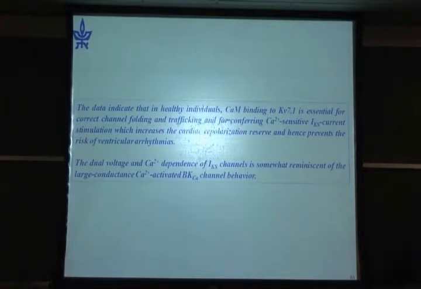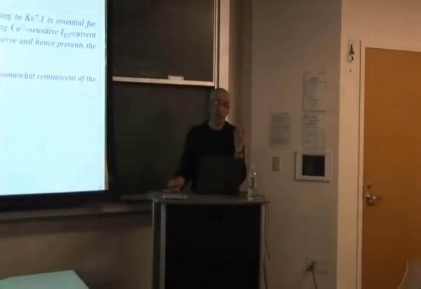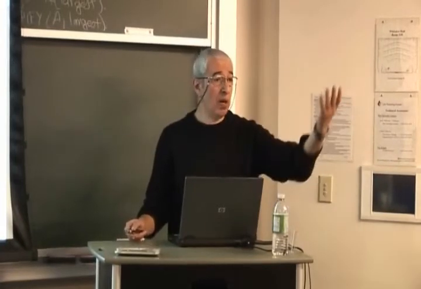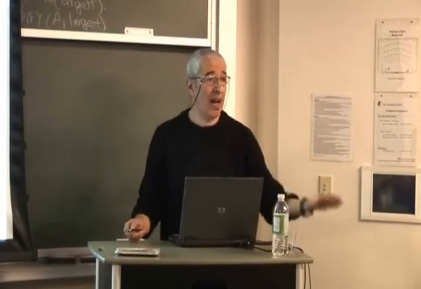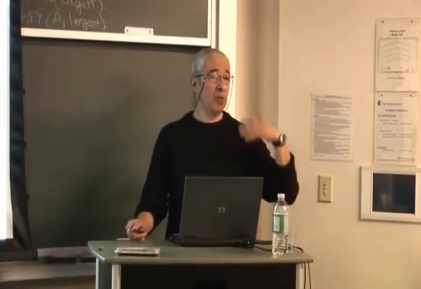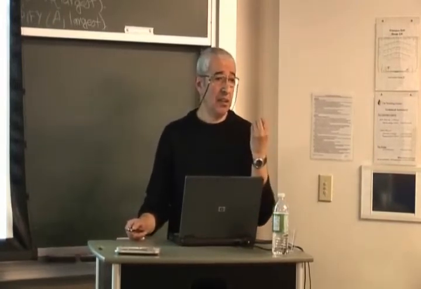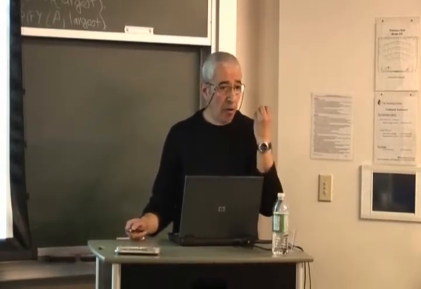Conferring calcium sensitivity apparently is very important for consolidating the repolarization reserve, and maybe to prevent alternans, to really secure the action potential for proper repolarization and prevent, of course, arrhythmia.